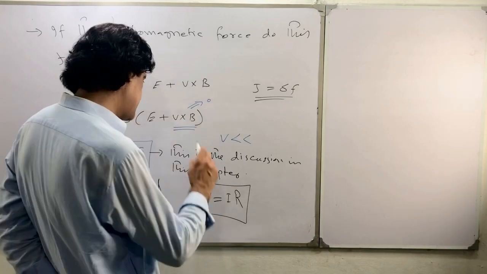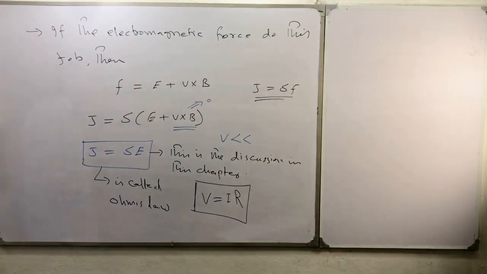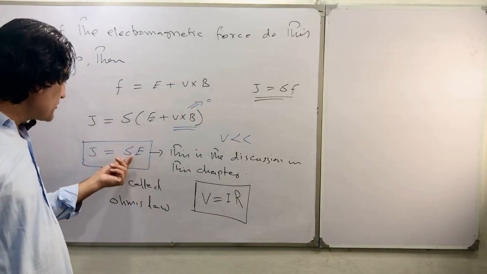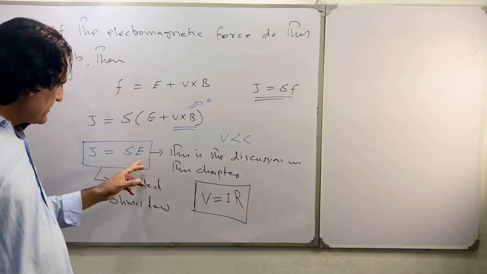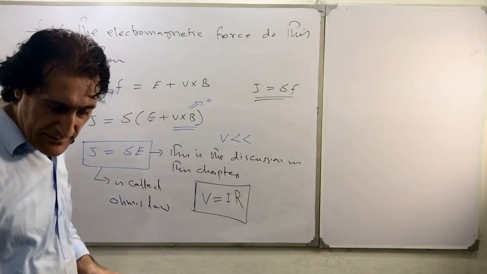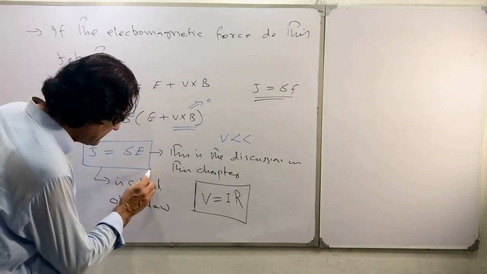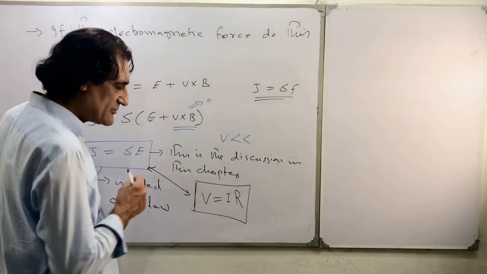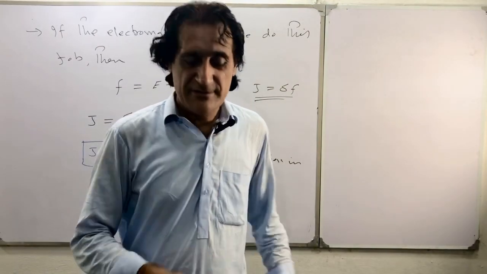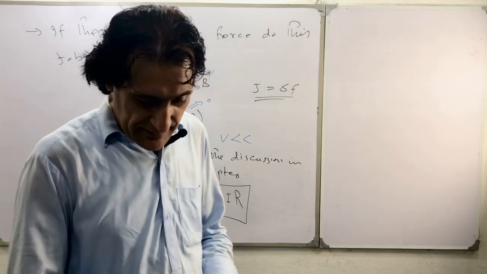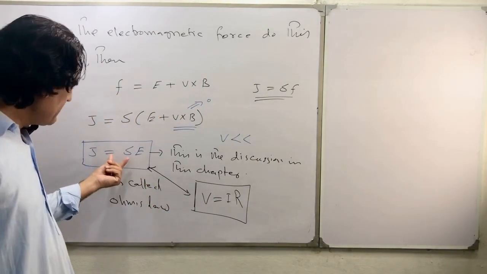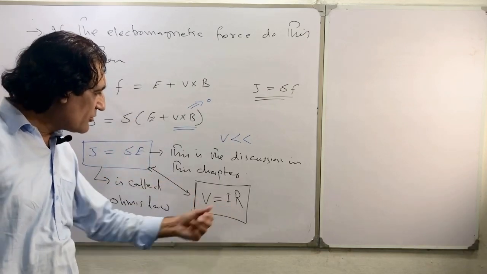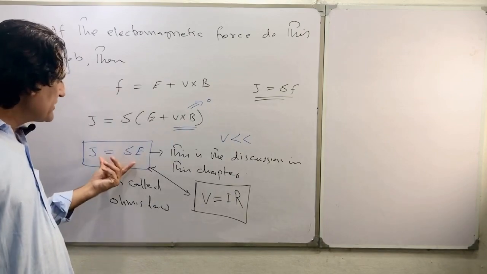So I think this is a little bit confusing. Why is J equal to sigma E called Ohm's law? Is there any similarity between this and this? This is also Ohm's law and this is also Ohm's law. So I would like to discuss the relation between this and this, how we can obtain V equal to IR by using this Ohm's law.